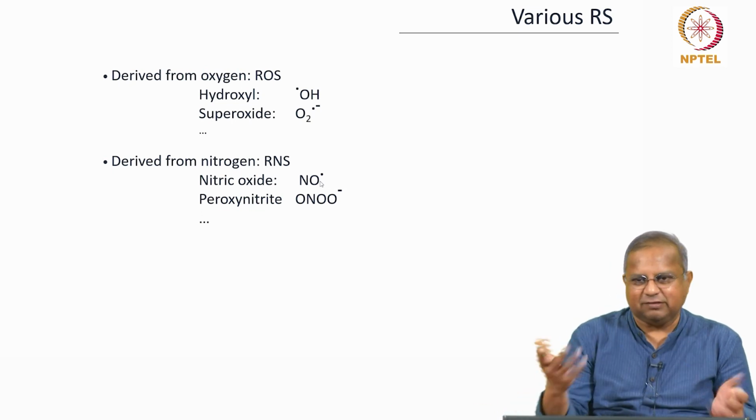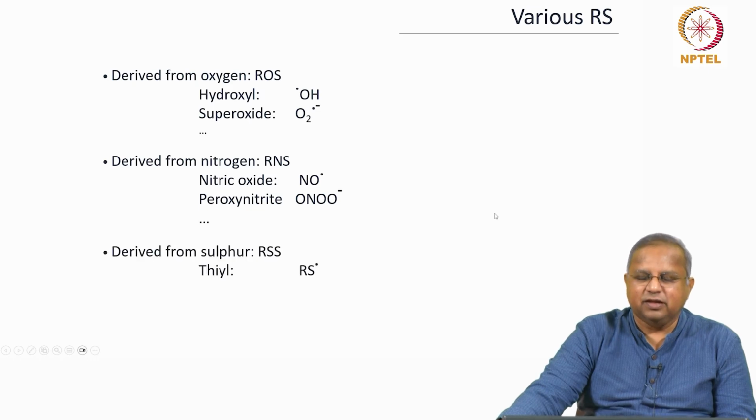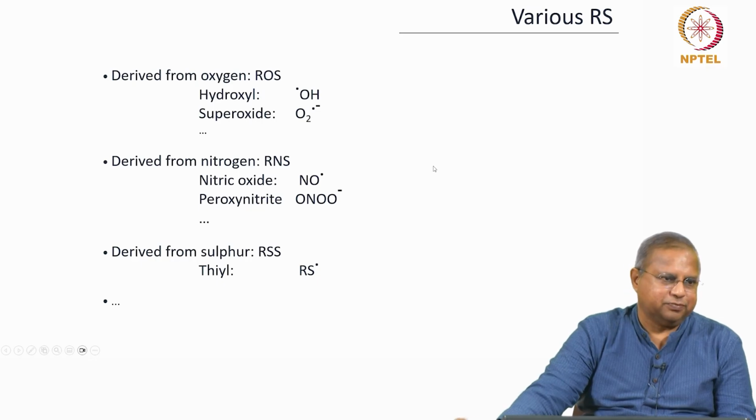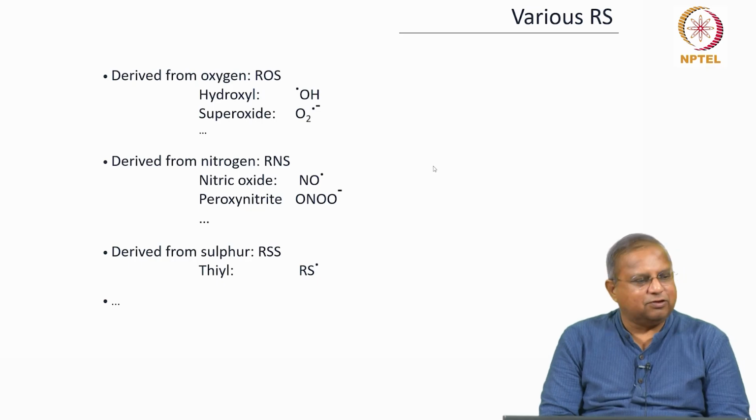So, that is the practice, nothing else. Similarly, derived from sulfur, it is called reactive sulfur species. Thiol radical is a very good example, RS dot, and so on. Might want to write at least these 6 down.